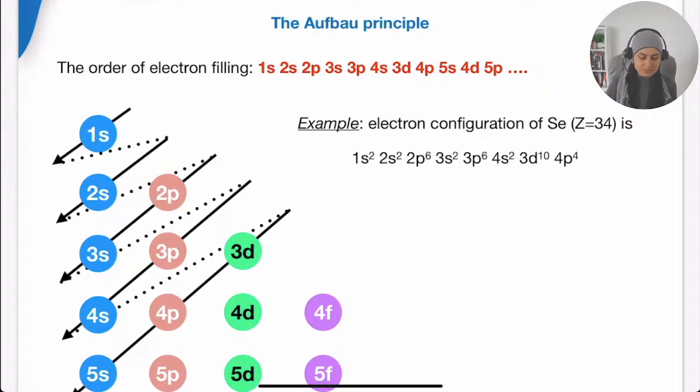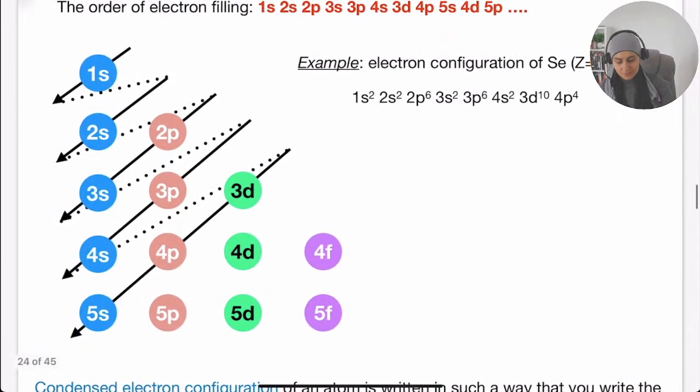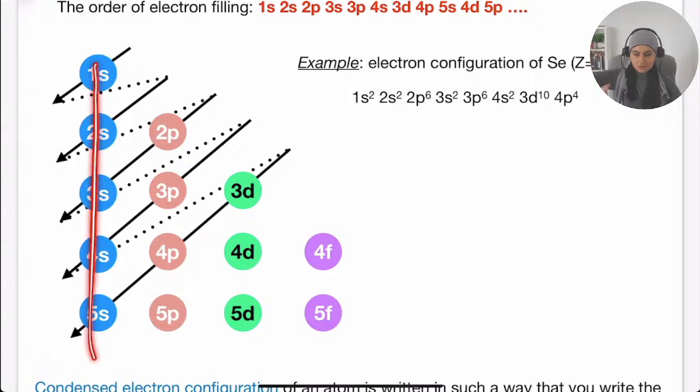If you have problems memorizing this order, you could use this diagram. You put 1s, 2s, 3s in a column. Then from the second level, where you have 2s, you start the p, so you go 2p, 3p, 4p, 5p. Then at the third level, you start the 3d subshell, so you go 3d, 4d, 5d, and so on. You can do it for f as well, but you will never need f for IB. Then you zigzag the thing.